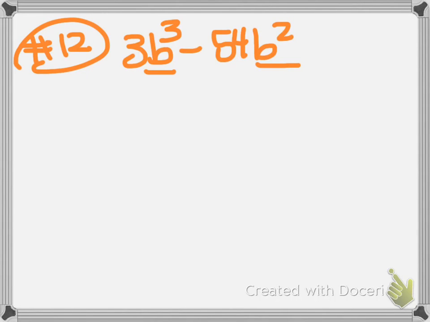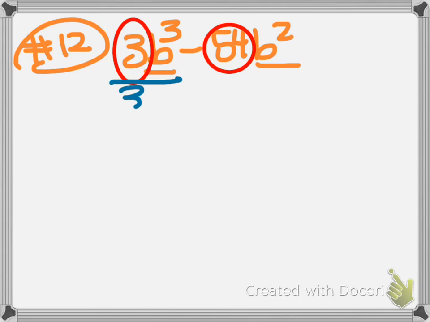We also know that 3 and 54 have a 3 in common. So I'm going to factor out a 3b squared, because that's what they both have in common.